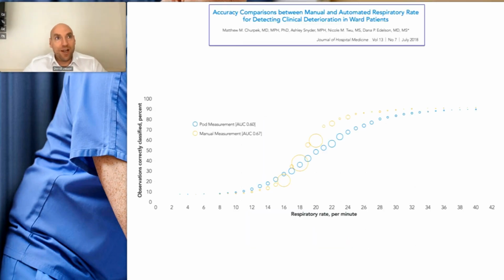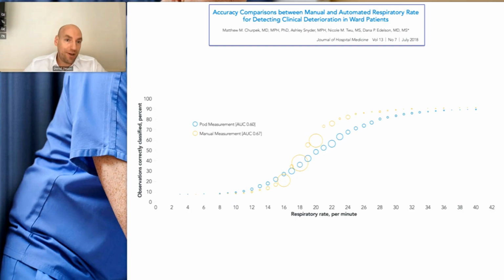If you challenge this way of measuring with an automated point of care measurement method, you can see a substantial difference between manual and automatic measurement of respiratory rate. Very often we document incorrect respiratory rates.